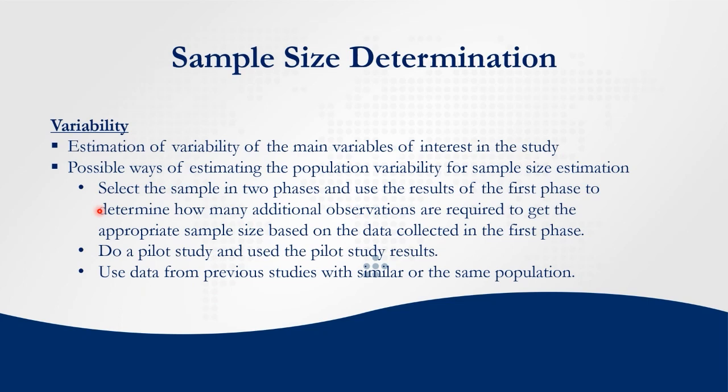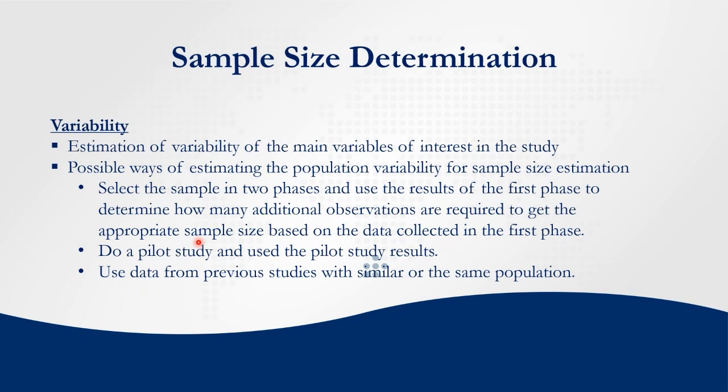So these are dilemmas, because you need this variability, but you haven't collected data. So how do you get an estimate of the variability for these variables? Some possible approaches: you can select your sample in two phases. You just select a sample, and you might not know if it's sufficient or not.